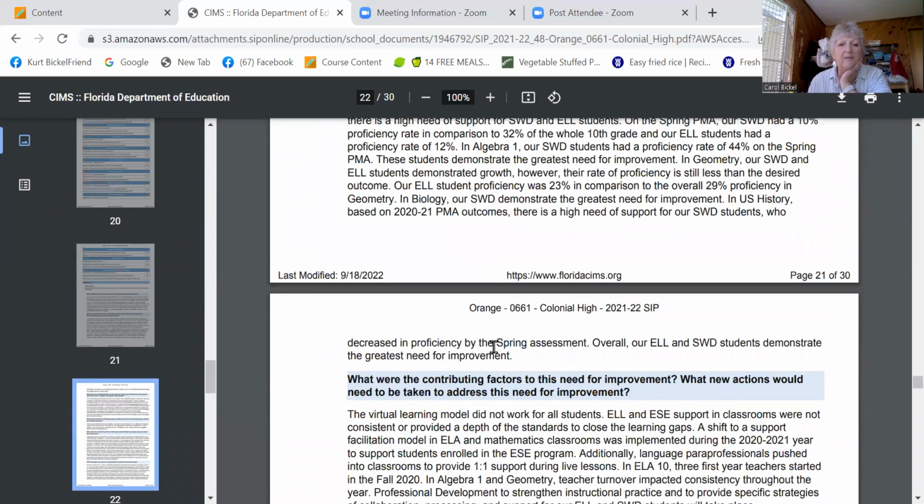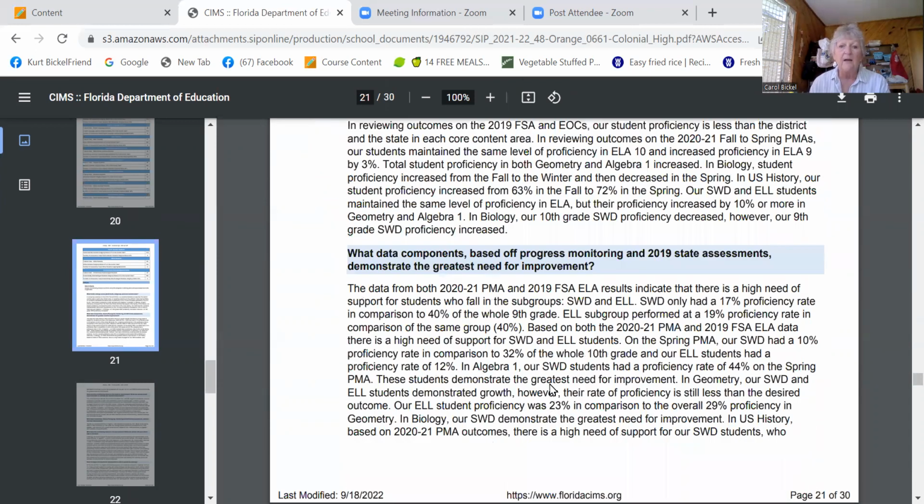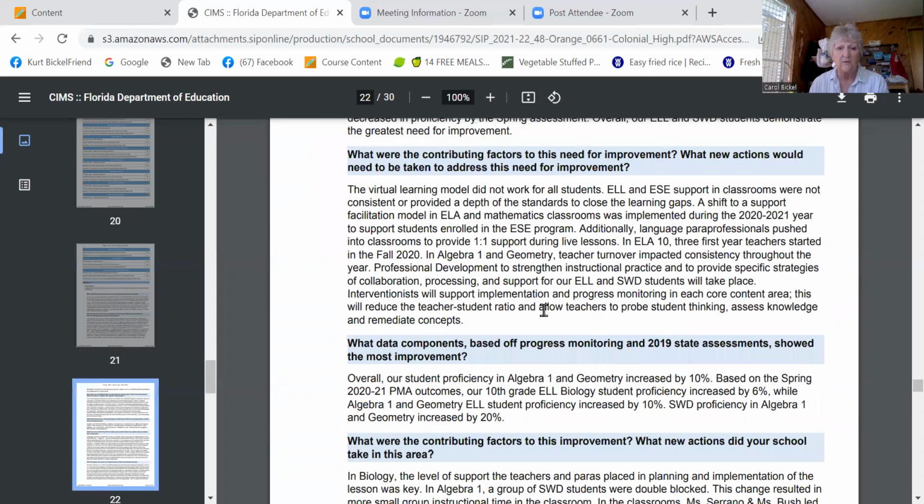to the contributing factors. This is analysis. For example, COVID in 2019, 20, and 21, it was a very big factor for our kids, and I'm sure it was for yours as well. But they will talk about factors that have influenced the outcome of the data in this section.